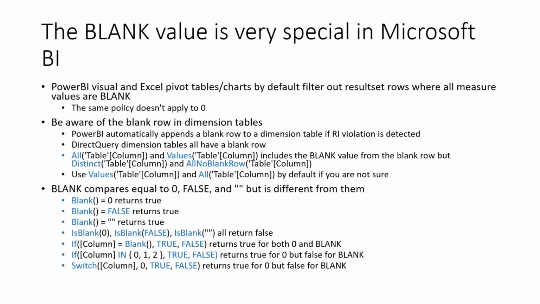And the second is in DAX, we will add something called a blank row to dimension tables if you have a referential integrity violation. What is an RI violation? RI violation basically is, for example, in many corporations, the dimension tables belong to what they call the master data, right? They are managed separately from the transactional tables, which are the fact tables.